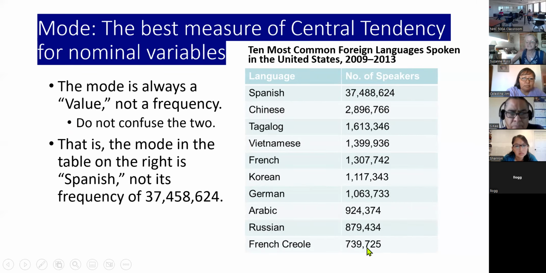An easy thing to do would be to say the mode is 37,488,624. But if you did so, you would be mistaken because we actually always state the value. It's going to be a value and not a frequency. So the mode in this case is Spanish. That's the most commonly occurring language.